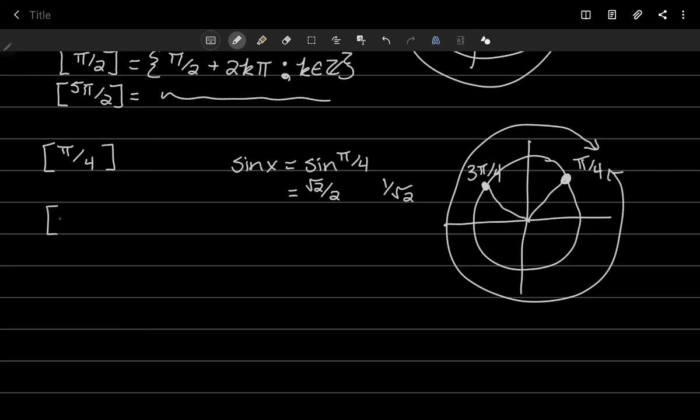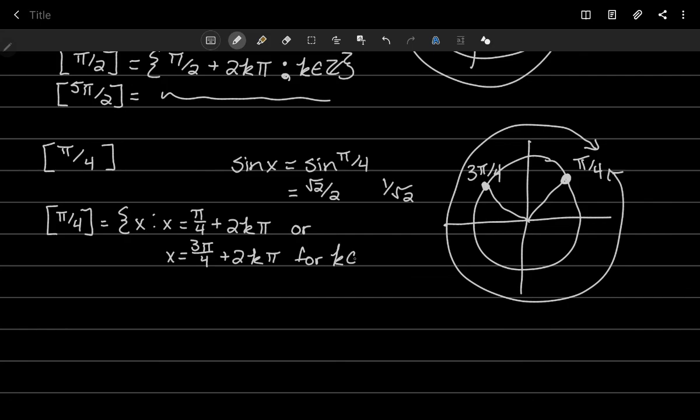So this equivalence class, okay, is going to be the set of all x such that x equals, it's either going to be pi over 4 plus 2k pi, or, I'm running out of room, x equals 3 pi over 4 plus 2k pi, for k an element of the integers.